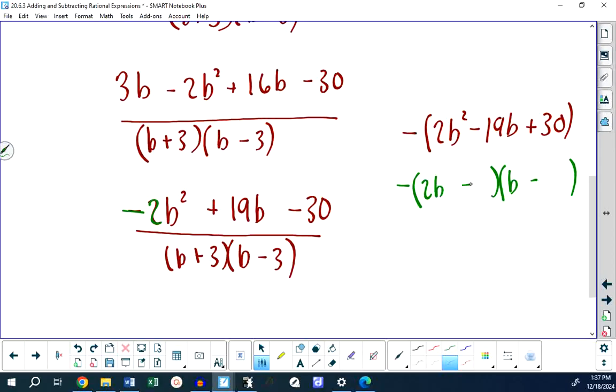Those of you that were like me and said 3 and 10, there was an issue there that one would have to be positive and one would have to be negative to make that middle term work. It's actually 15 and 2. I get negative 15b on the inner, negative 4b on the outer. That's negative 19b. But here's the thing.